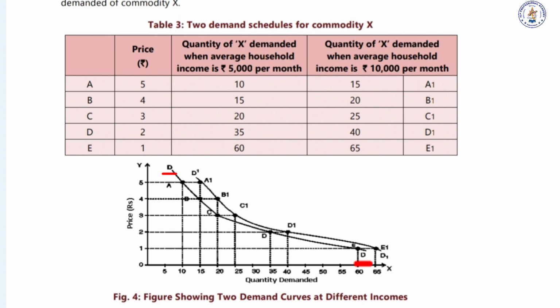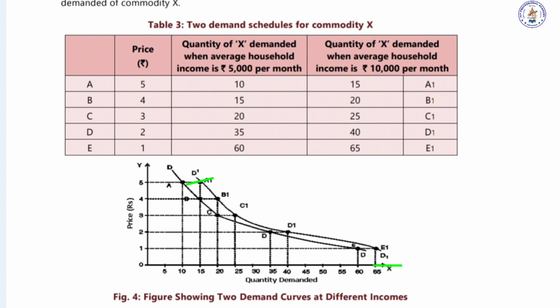Earlier, when the price alone changed, the consumer's behavior was along the curve either upwards or downwards. But now the curve itself has shifted. The curve has moved higher. You can see D1 and E1, the second demand curve, in the same diagram.